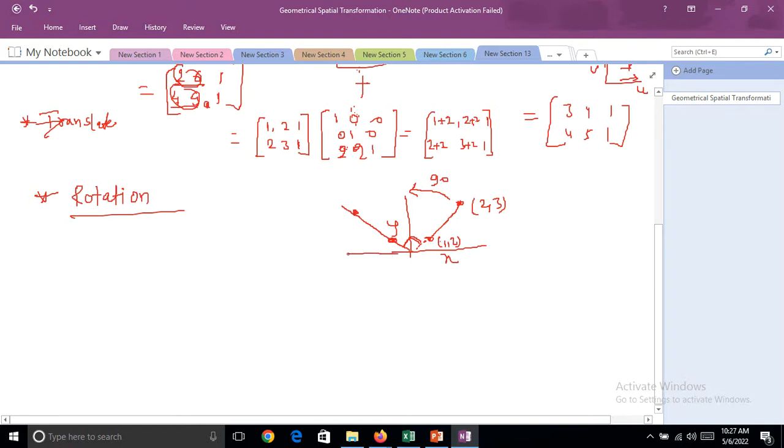So a line perpendicular to this line, what will be if it is 1 2, this will be -1 and 2, -1 and 2, and this one will be what?